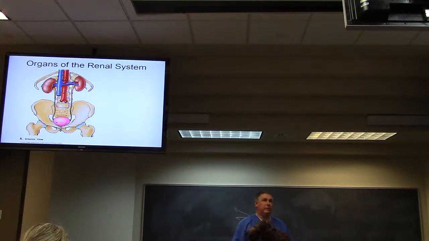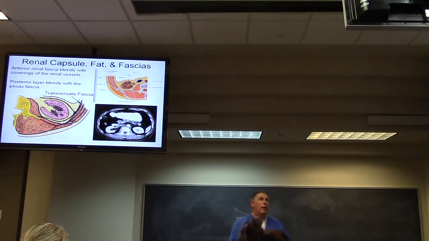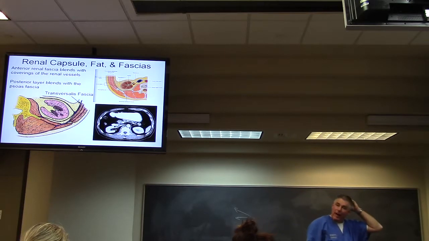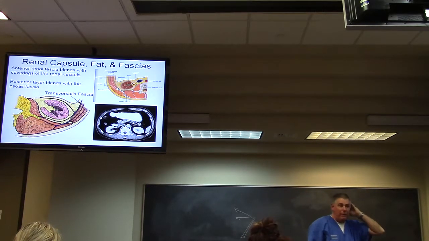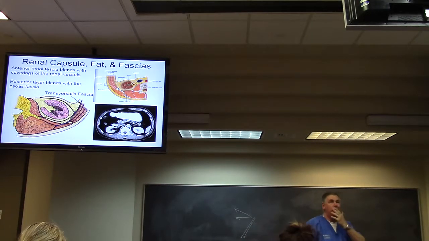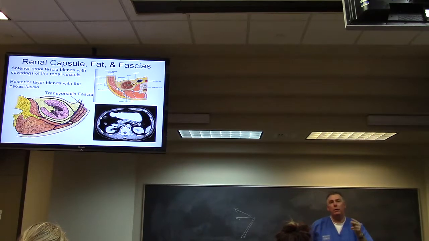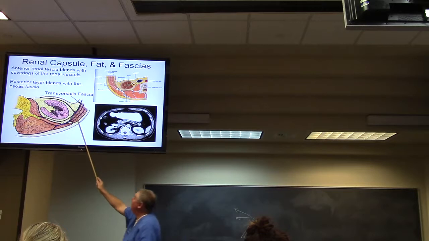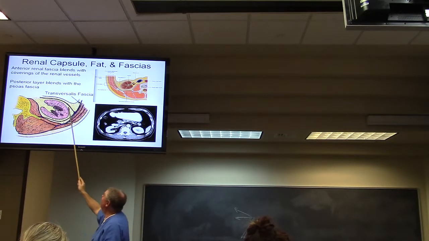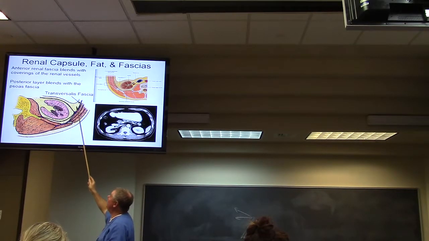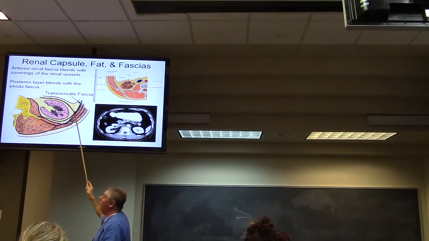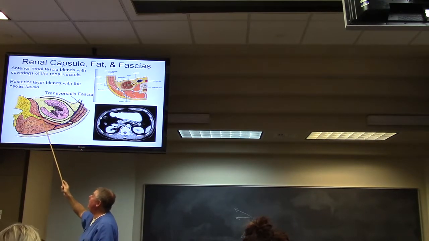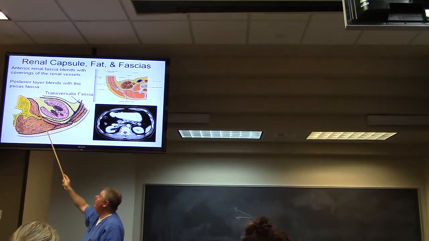Organs of the renal system. If you look at the kidneys, they have an enormous amount of fat around them. There's two layers of fat that are separated by the renal fascia. The renal fascia is a covering that's continuous with transversalis fascia laterally and the psoas muscle fascia medially.